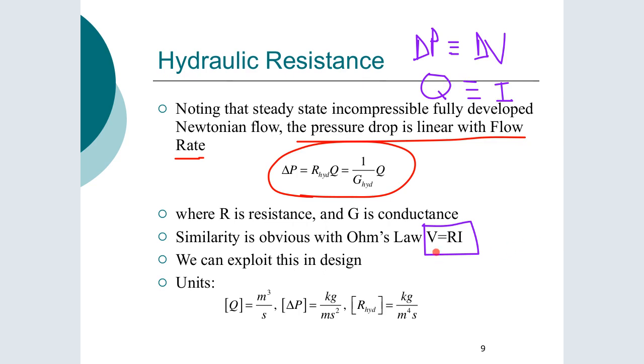So we have the pressure drop is equal to a resistance times the flow, and that's purely because it's linear with pressure drop. This does not work in the entrance region where you have nonlinear effects. There you have pressure balanced with inertia, whereas in the fully developed region, we have pressure balanced with friction.